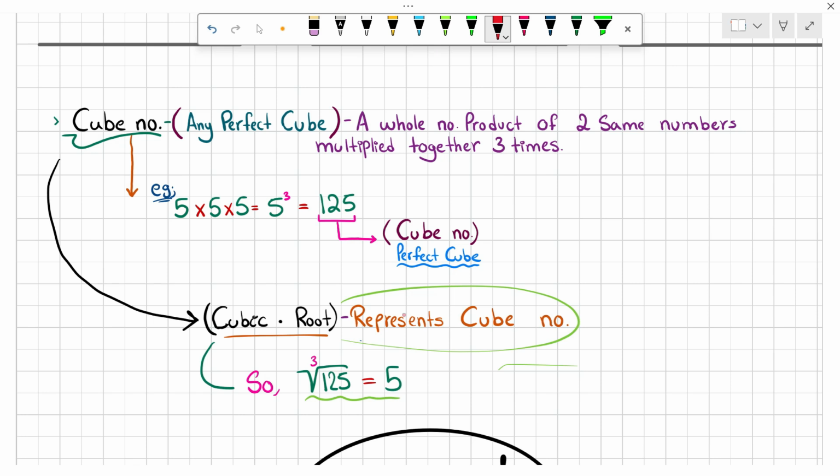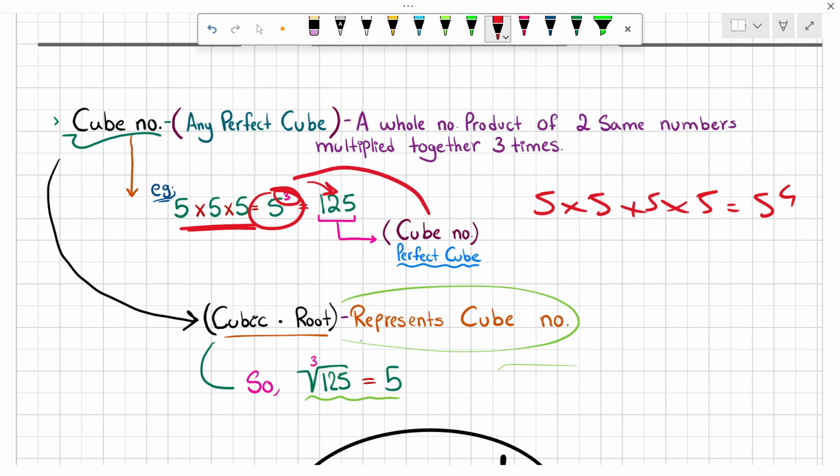So, for example, 5 times 5 times 5, the same number multiplied together 3 times, will give 5 to the power of 3. The number up top represents how many times you have multiplied this. If it was 5 times 5 times 5 times 5, it would be 5 to the power of 4, and so on. So 5 to the power of 3 is 125. So 125 is a cube number, or perfect cube of 5 cubed.